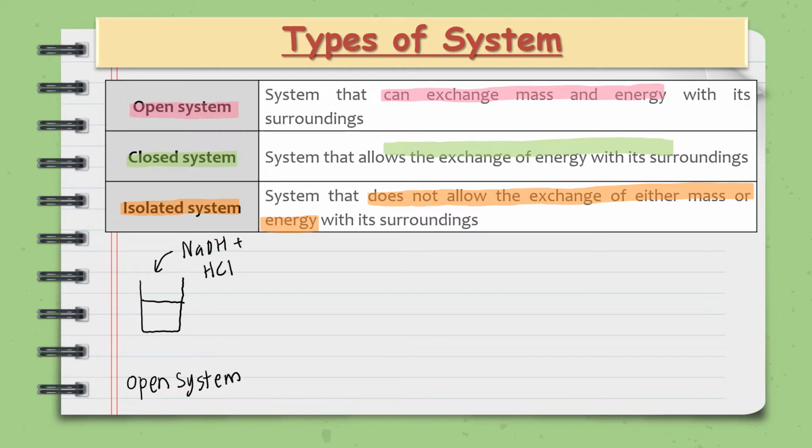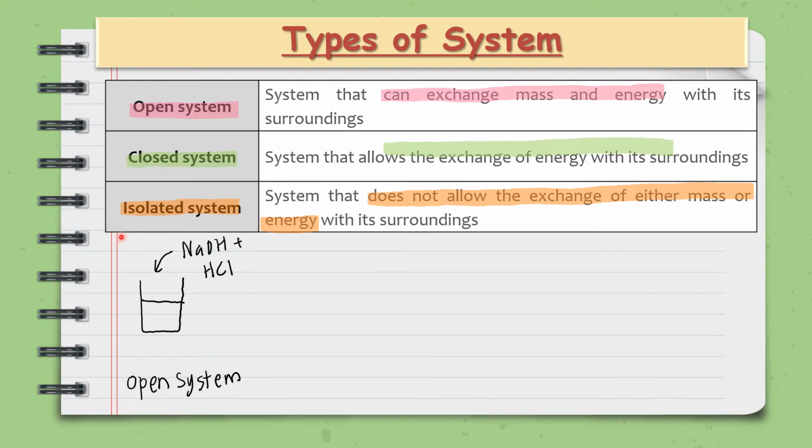I just do the reaction inside the beaker, and I just pour in the solution and the reaction will occur. Meaning there will be chances of energy released to the surrounding, heat absorbed to the surrounding, and also maybe some of the solution here is splattered or transferred outside.